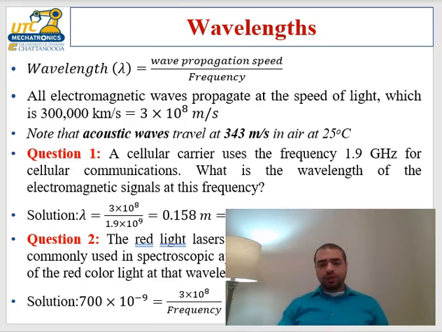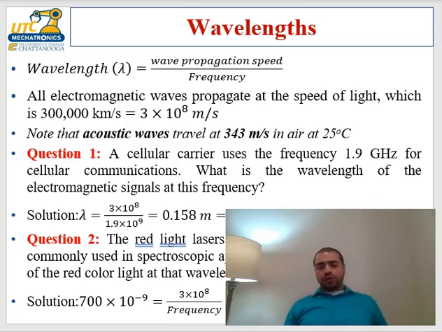Again, we have lambda is equal to c, the speed of light, divided by the frequency. Lambda is given as 700 times 10 to the power negative 9, 700 nanometers, equal to 3 times 10 to the power 8 divided by the frequency. You will find that the frequency is equal to 4.28 times 10 to the 14 hertz.